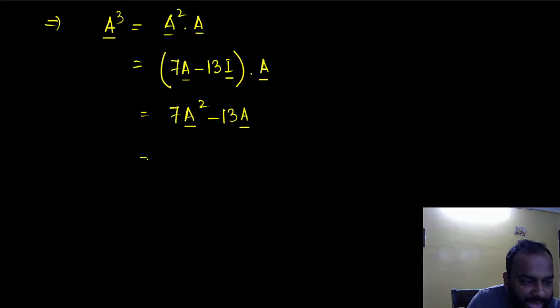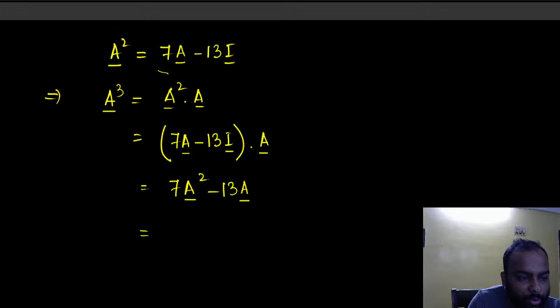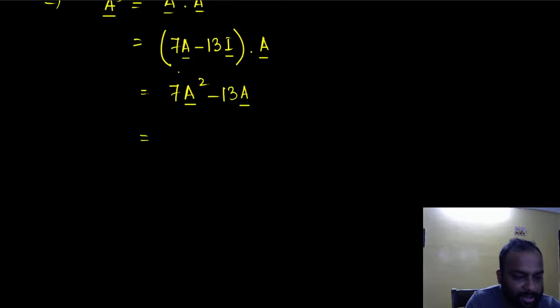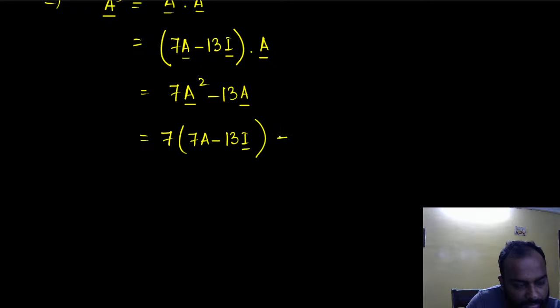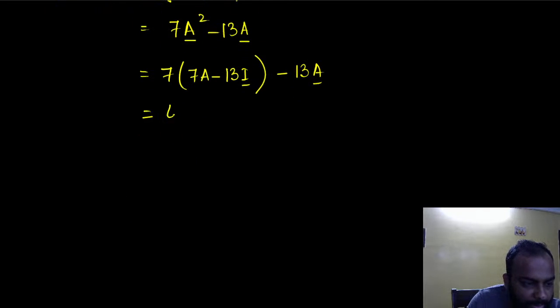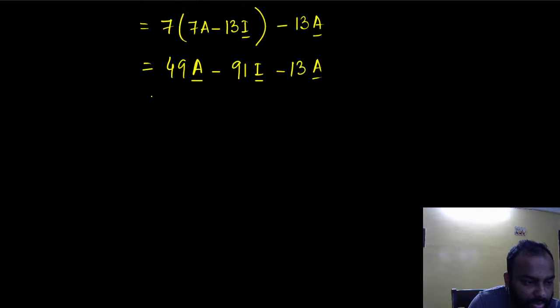Once again we know A squared is 7A minus 13I, so 7 times (7A minus 13I), minus 13A. So that's going to be 49A minus 91I, minus 13A, so that's going to be 36A minus 91I.